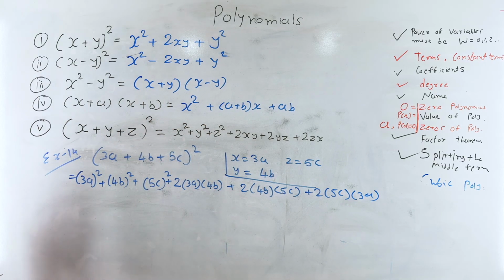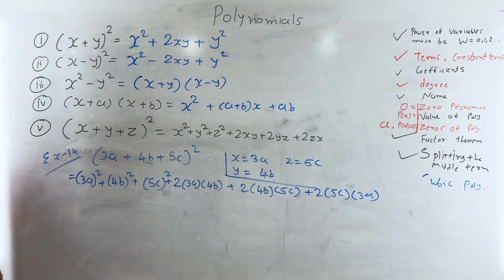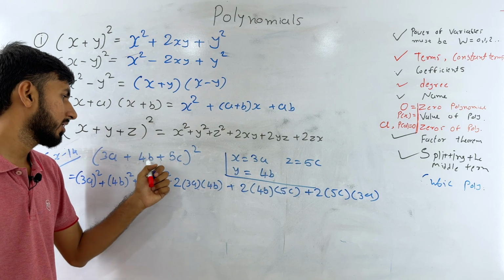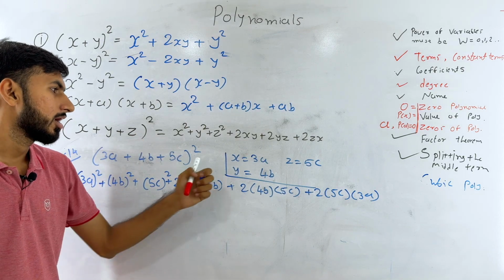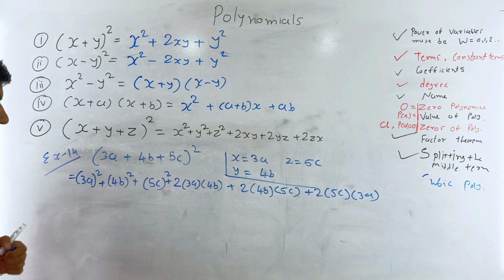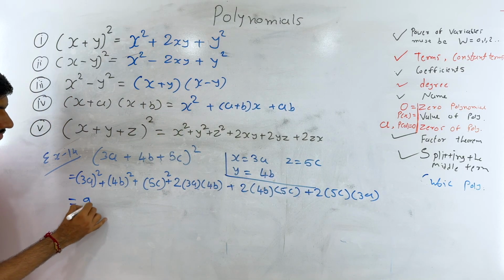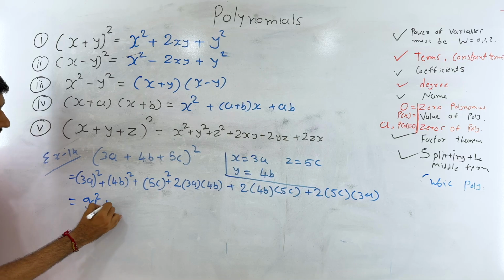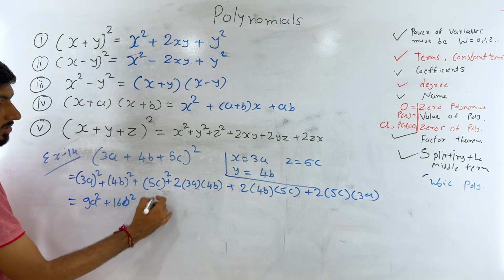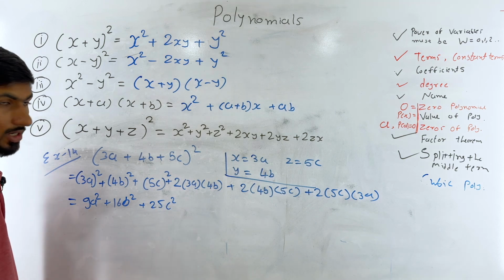So I have to just simplify this. I just find the value of x, y and z by comparing these to our identity and just substitute those x, y, z values in my answer, right? So 3a square will look like 9a whole square, 4b square will be 16b whole square, 5c square, 25c whole square, right?